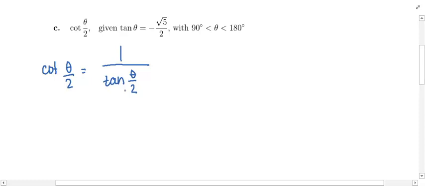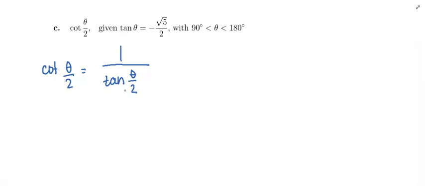That's how we're going to have to handle this. And then we know there's a half angle formula for tangent, and that's what we're going to work with. Once we have the value of tangent of theta over 2, we'll do a 1 over it, and that's how we're going to get the cotangent value.